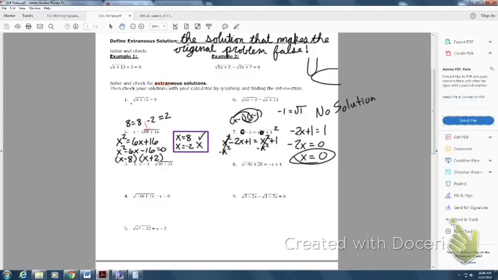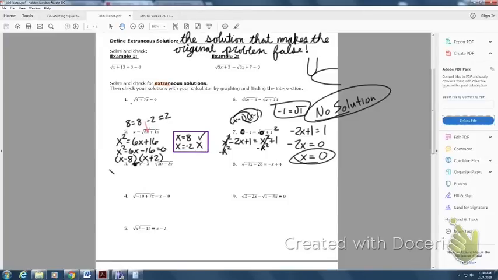And since that is the only solution, your answer is no solution. Okay? Again, if that landed somewhere about a mile above your head, don't worry too much about it. You're not going to see that situation a whole lot.